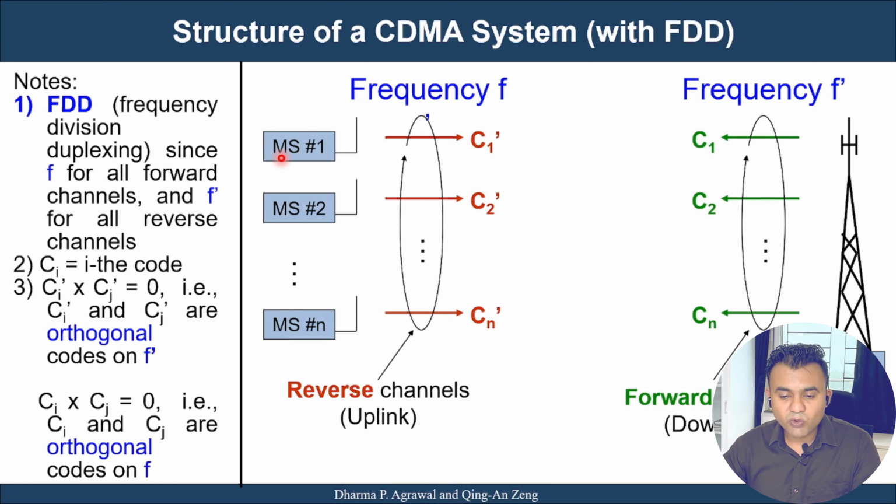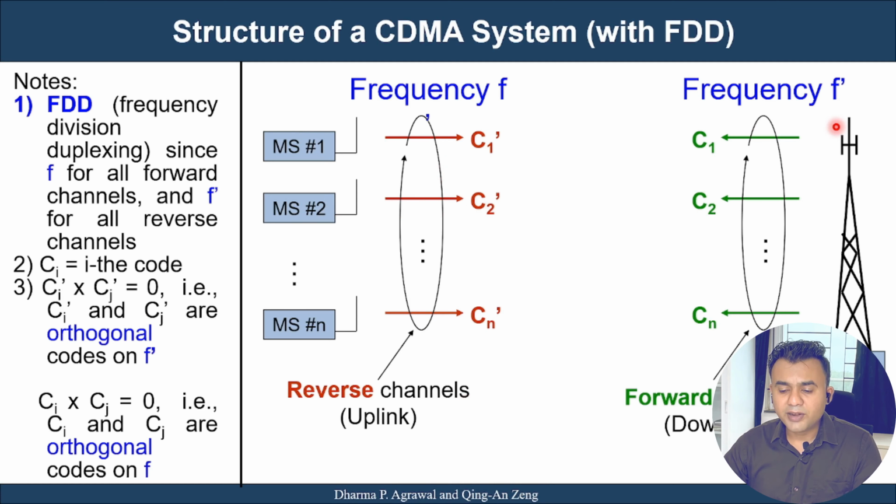My mobile station 1 wants to talk to the base station. In that case, let's say for the uplink direction, all the frequencies are the same. The frequency is F, which is the same for all the mobile stations. However, a specific unique code C1 is allotted to mobile station 1, C2 is allotted to mobile station 2, and so on.